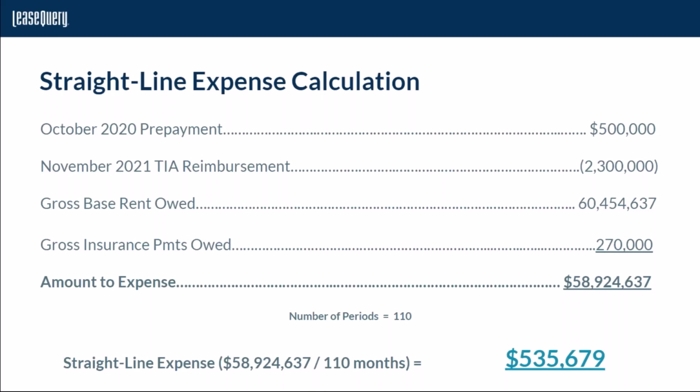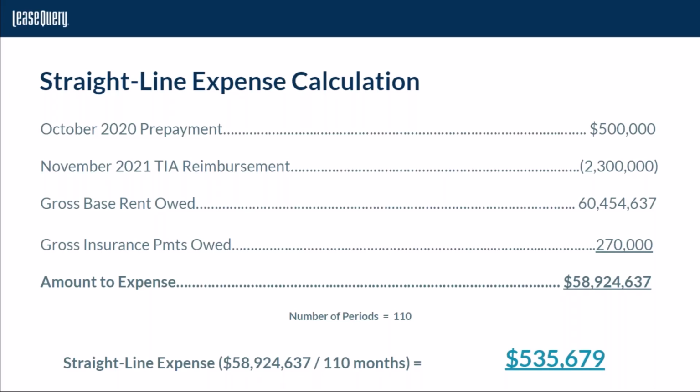A fixed payment capitalized, the total amount, the 15 grand every 6 months is going to get us to $270,000. All of that added up and netted together gives us $58,924,637.